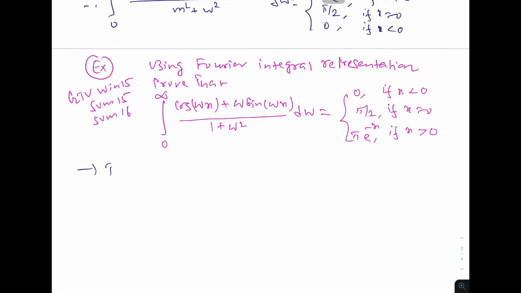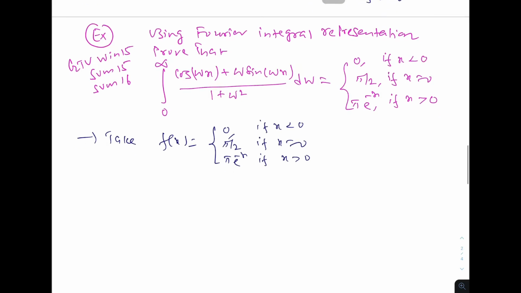You do like this: you take f(x) equal to 0 if x less than 0, pi by 2 if x equal to 0, and pi e power minus x if x greater than 0, and find the Fourier integral representation.